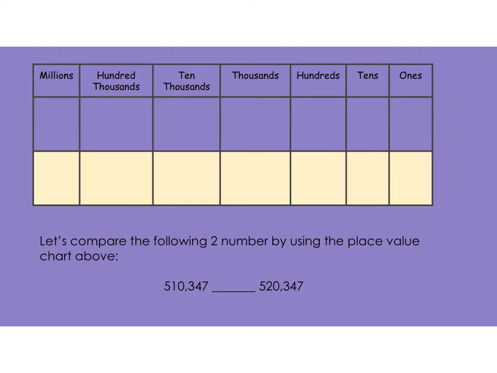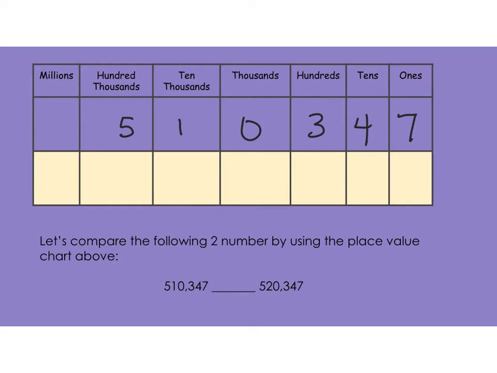Okay, another way to do this would be, instead of drawing disks, we could actually just put the numbers in. So on my top number, I have 5, 1, 0, 3, 4, 7.